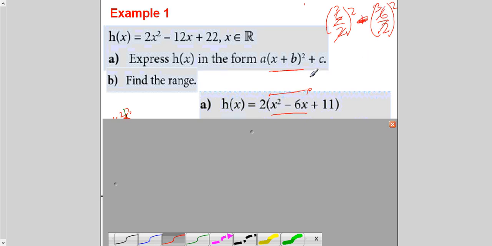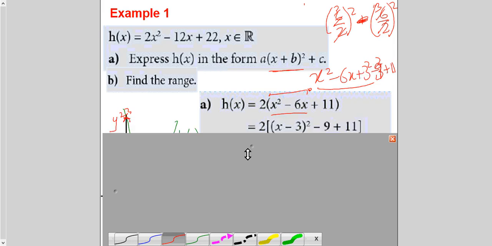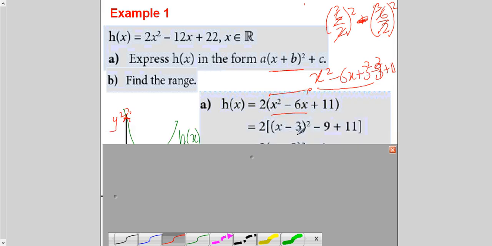So it will become x square minus 6x plus 3 square minus 3 square plus 11. Now this part, x square minus 6x plus 3 square, will become x minus 3 whole square.